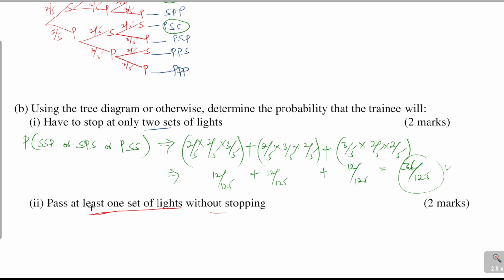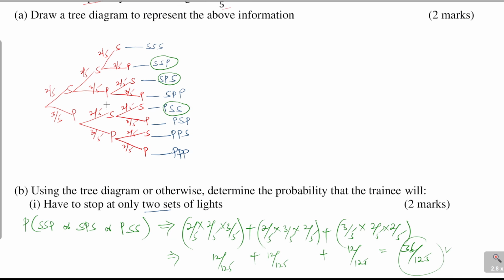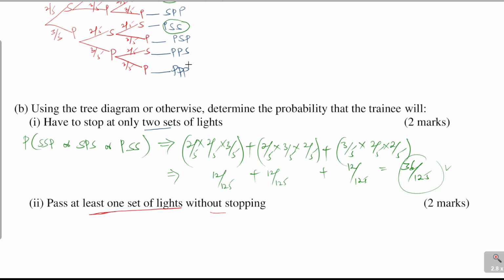So the only one that will not be included is where we shall have the 3 stops. The 3 stops are the ones that are not going to be included. So we shall consider all the others, because you need the probability of passing at least one of the set of lights without stopping.